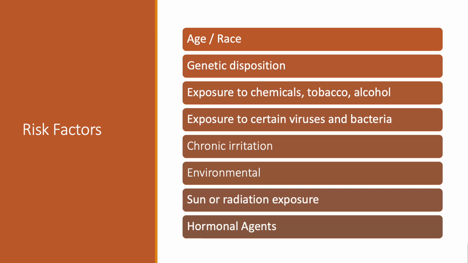Exposure to chemicals, tobacco, alcohol, also exposures to certain viruses and bacteria, for example, H. pylori, mycobacterium, are bacteria that are associated with cancer. Viruses, HPV, hepatitis B, herpes, all of those can be precursors to cancer. Chronic irritation. So chronically irritated tissues can undergo frequent mitosis.